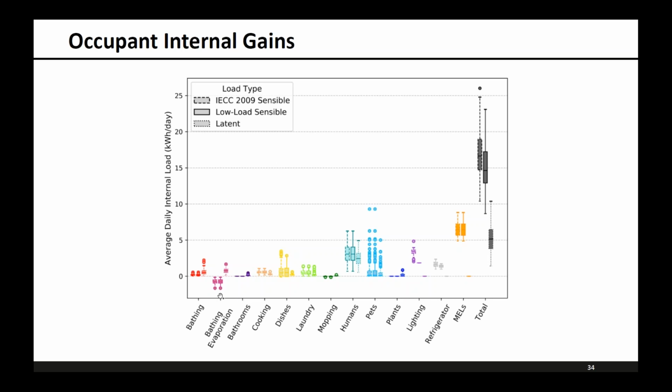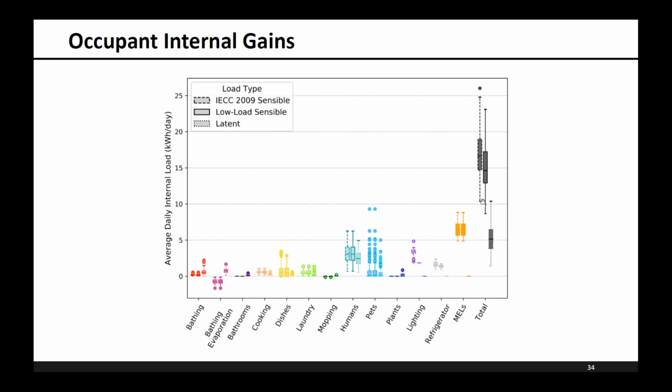So for this category, we've got a negative sensible load that's due to evaporative cooling that's paired with a latent gain. So anywhere we had evaporation, we accounted for the sensible cooling associated with that.